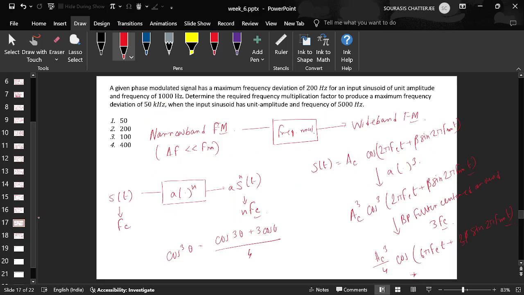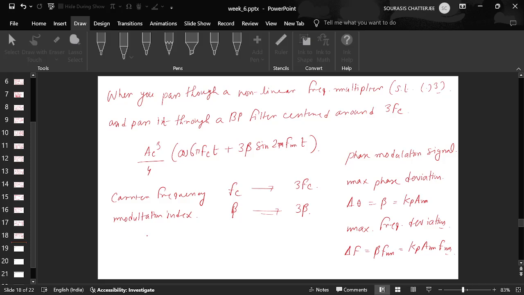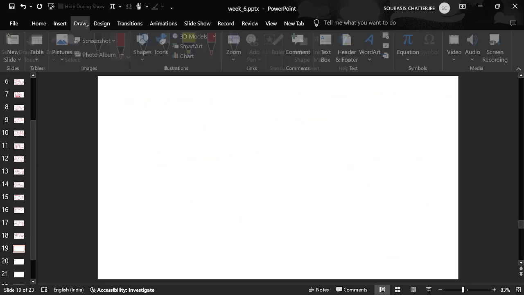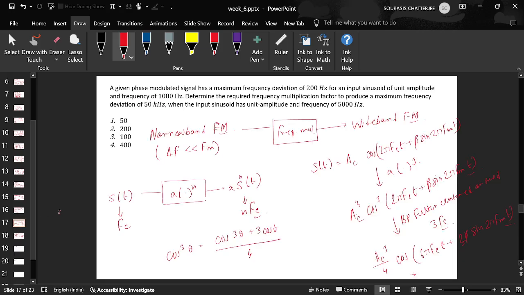So in the question, what is given is that your maximum frequency deviation is 200 Hz. So it is given that kp Am fm is 200, whereas the message signal has unit amplitude and frequency of 1000 Hz, right?